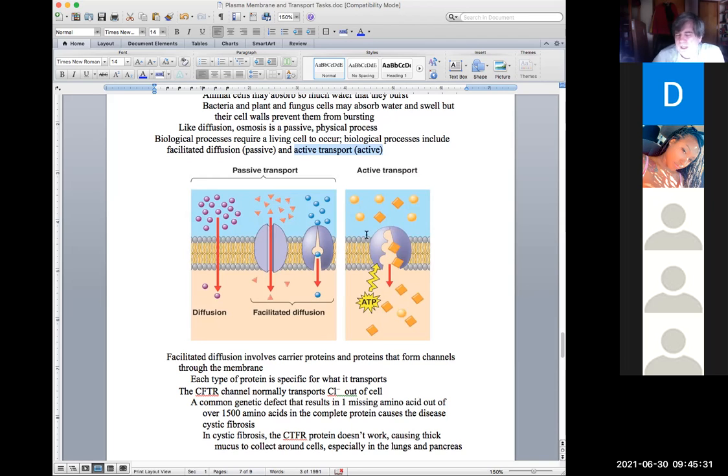Now, in active transport, we typically have some type of protein involved. And again, the protein moves molecules across the membrane, but here it takes energy. Remember that ATP is the molecule that cells use for energy. So it takes energy to move molecules across the membrane.